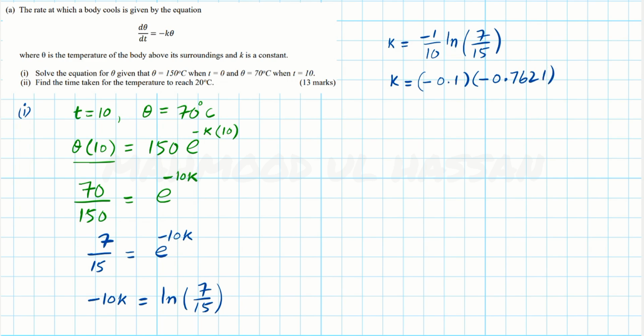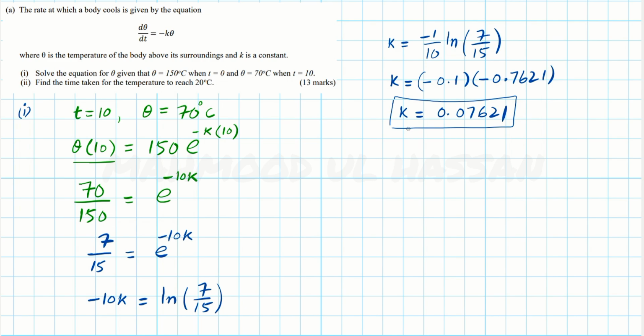Now we will multiply this with the negative 0.1, so k is equal to 0.07621. Okay, so this is the value of k.